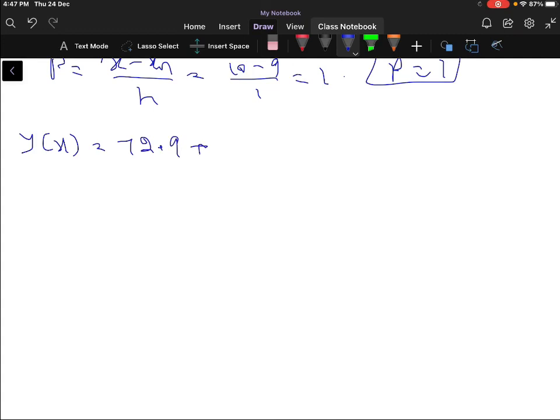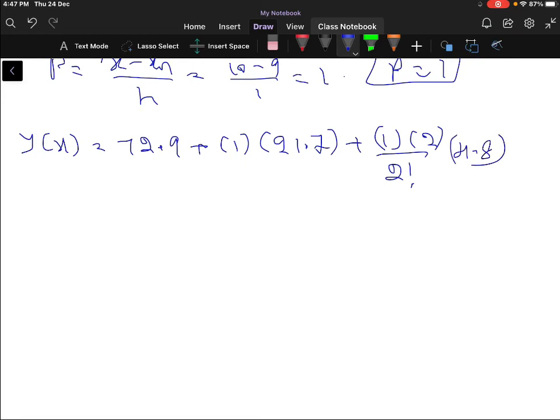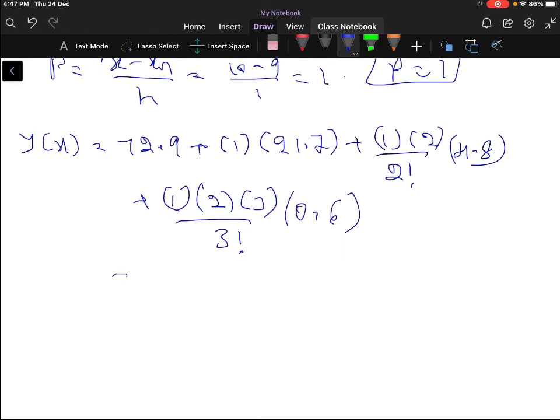So next we have the formula y of x is equal to yn, which is 72.9, plus p is 1 into nabla yn is 21.7, plus p is 1, p plus 1 is 2, by 2 factorial into nabla square yn is 4.8, plus p is 1, p plus 1 is 2, p plus 2 is 3, by 3 factorial into nabla cube yn is 0.6.